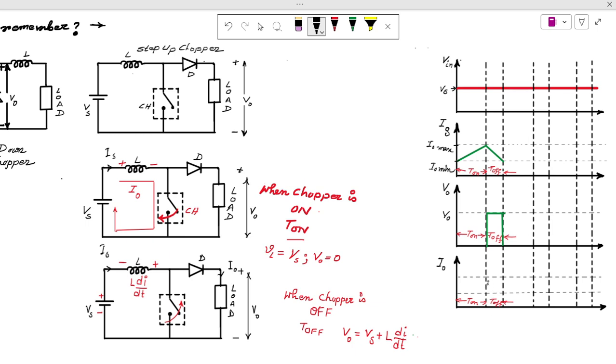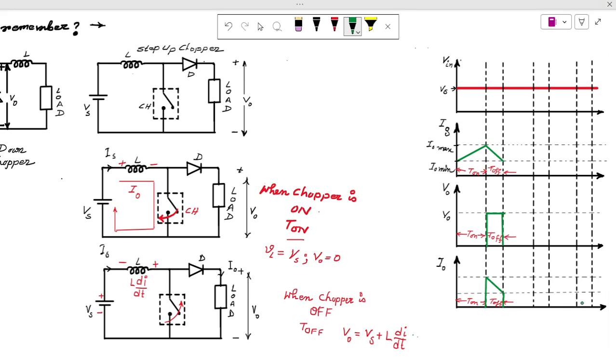The current through the load will be different. Here will be some drop. So what will be the drop? This will be the drop, and this will be the actual drop. So draw it appropriately to get the result proper.